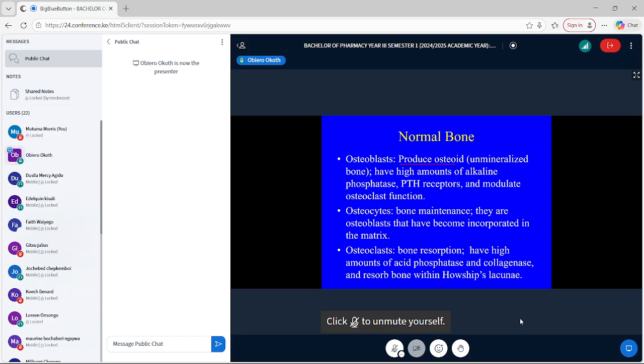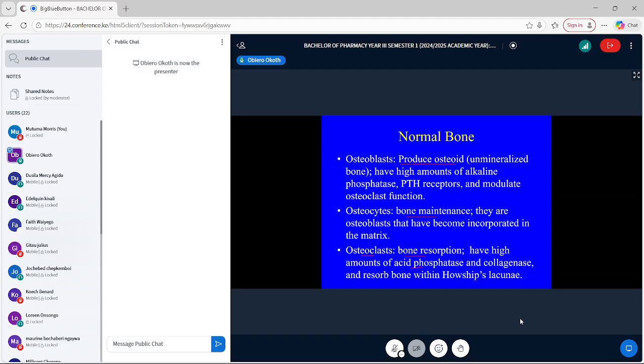Now, osteocytes, these are for bone maintenance. They are osteoblasts that have become incorporated in the matrix. They're not laying down now, they are actually part of maintaining the bone structure. Osteoclast is the one which resorbs. Basically, it eats bone. Like when you have a fracture and there's excessive bone formation, that bone remodeling, that bone resorption is done by the osteoclast.